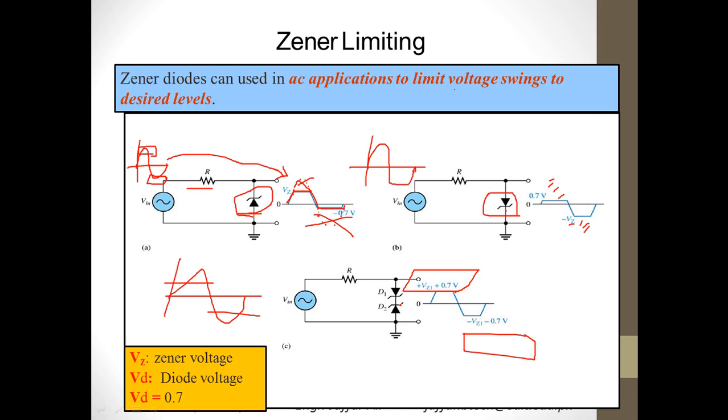You can do that by placing two Zener diodes in opposite directions from each other, and the result will be like this. You have equally clipped the data from the upper side as well as from the lower side. So this is another very interesting application, and this is known as Zener limiting.